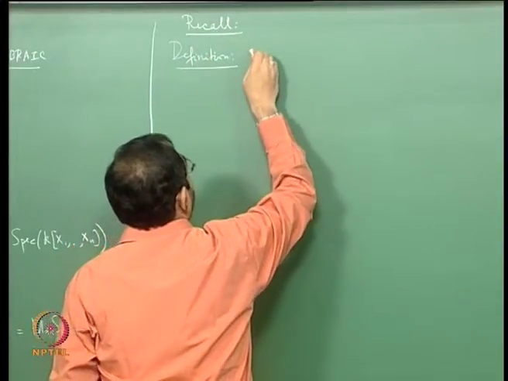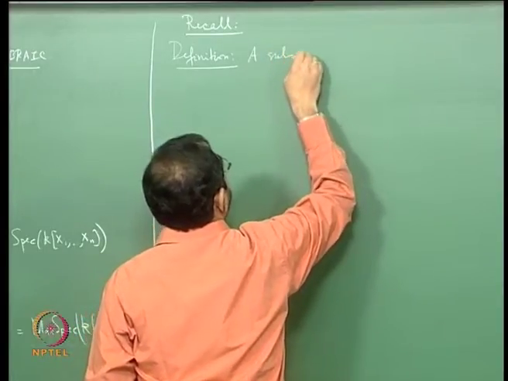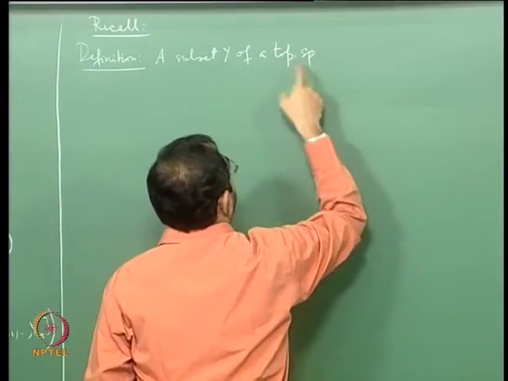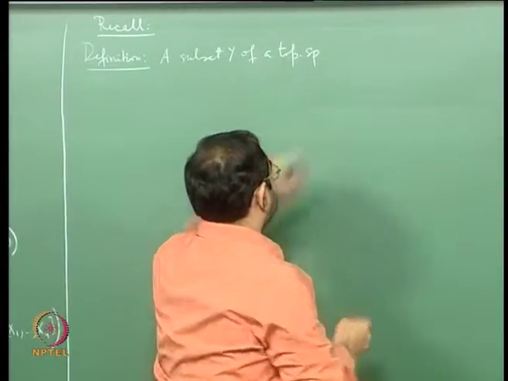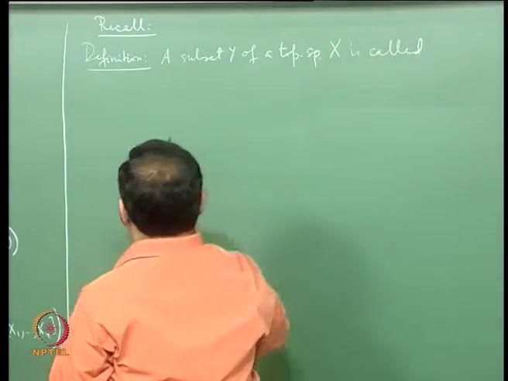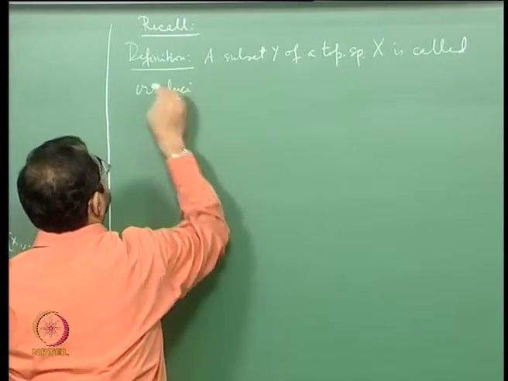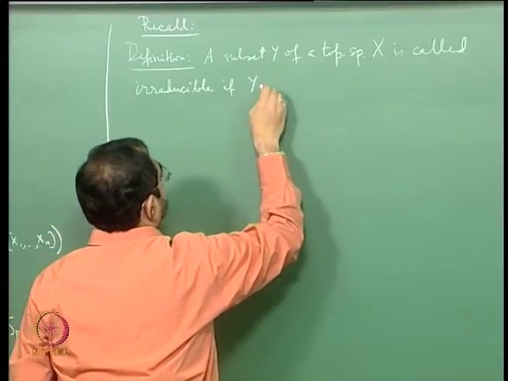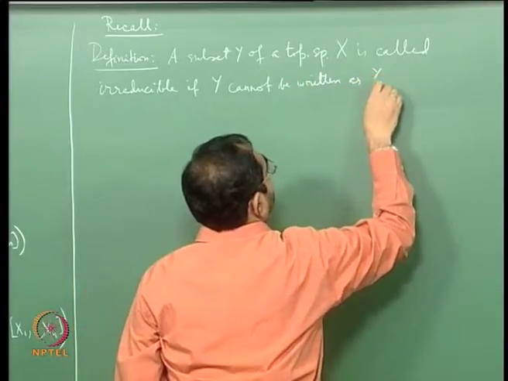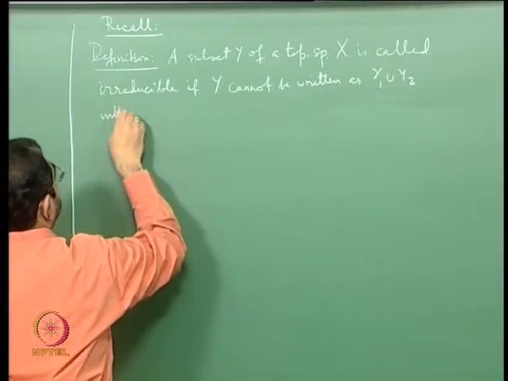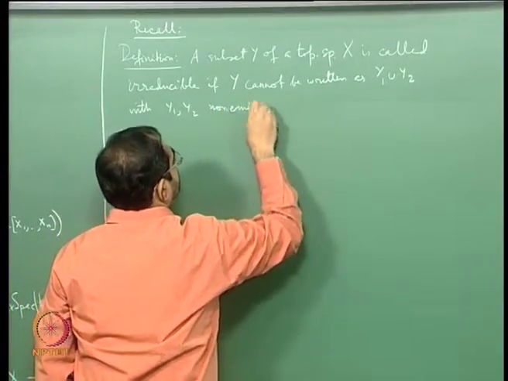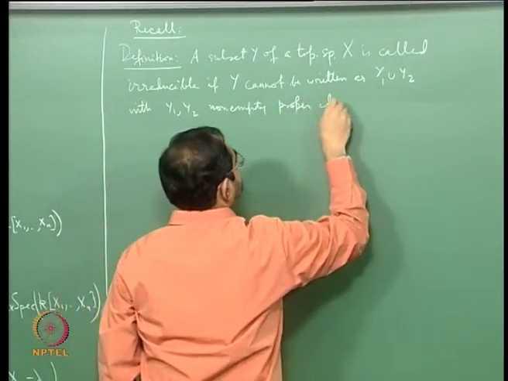A subset Y of a topological space, abbreviating topological space to TOP SP, X is called irreducible if Y cannot be written as Y1 union Y2 with Y1, Y2 non-empty proper closed subsets.